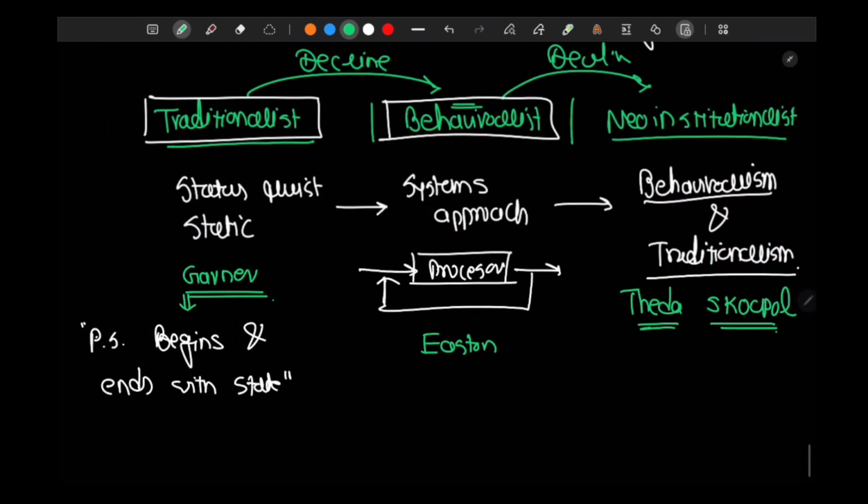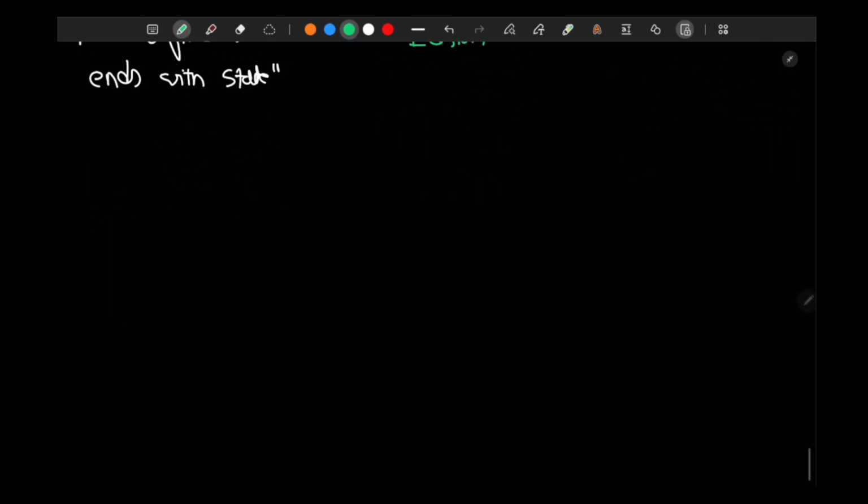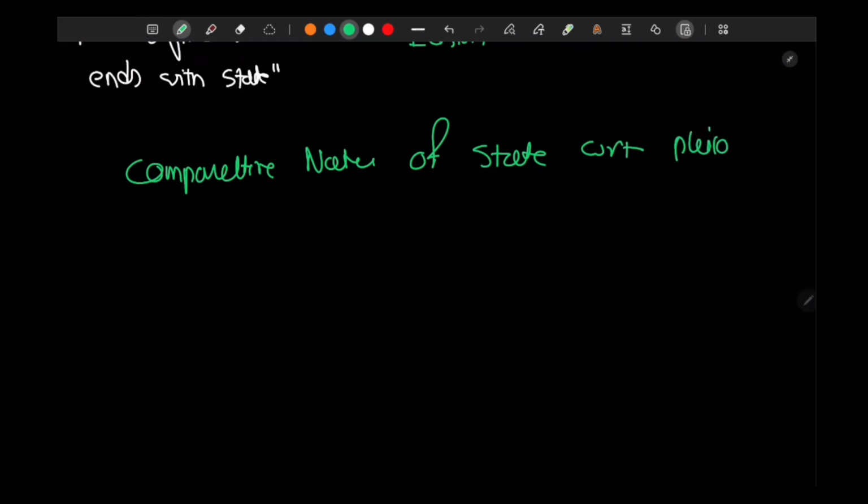These are approaches, not philosophies, and we also have to see the comparative nature of state with respect to philosophies.